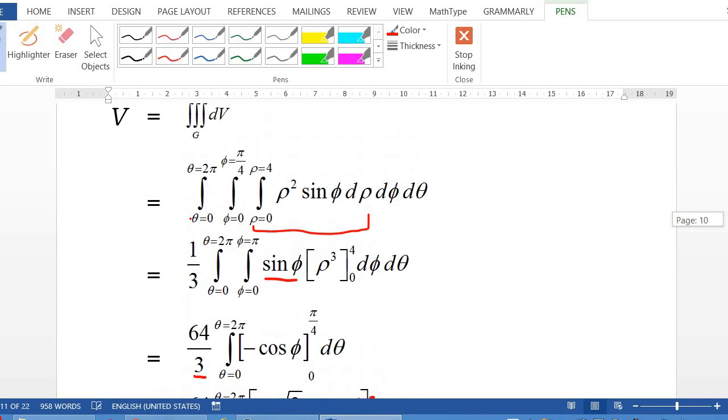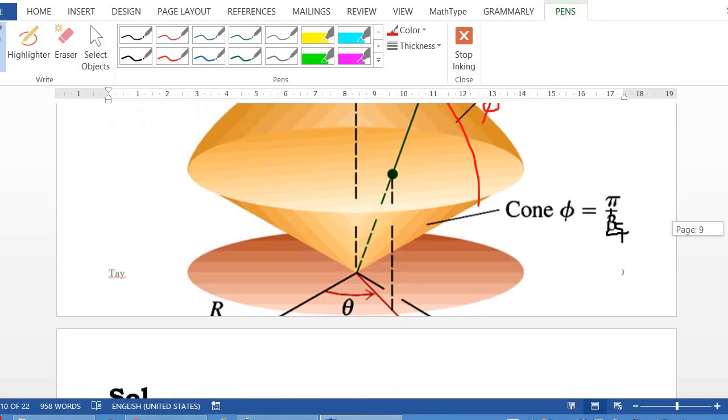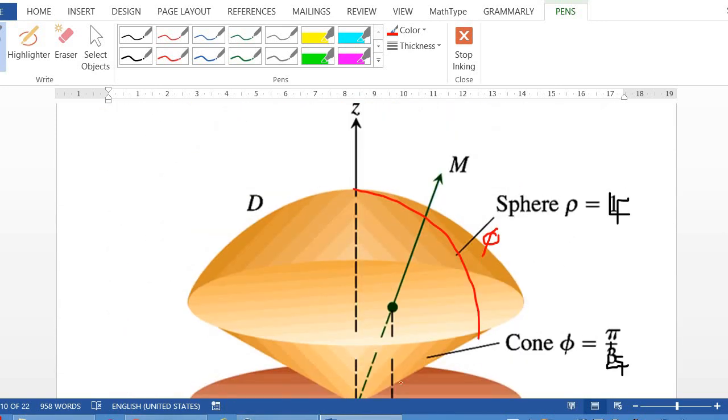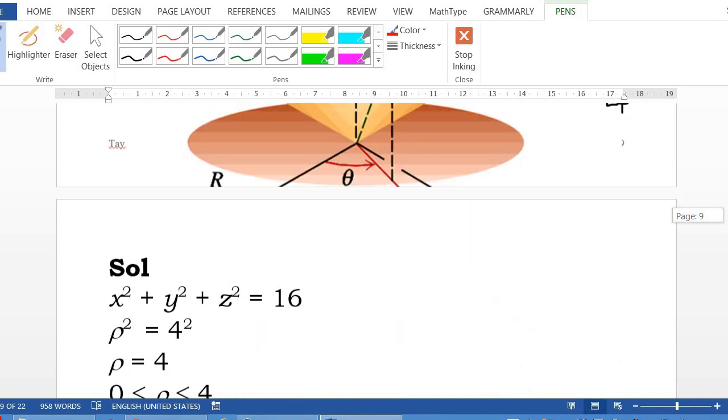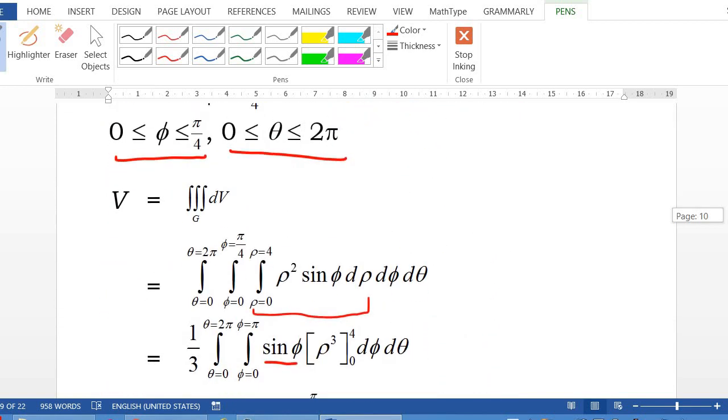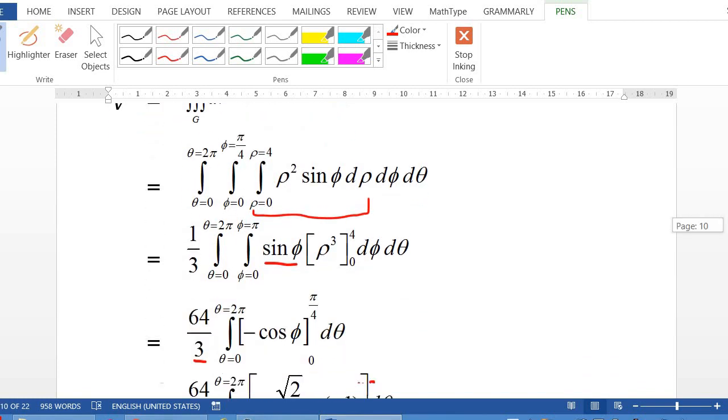Rho is 0 to 4, because we have the same sphere as the top surface, and phi goes up to the cone. So rho is 0 to 4, phi is 0 to pi over 4, and theta is 0 to 2 pi.